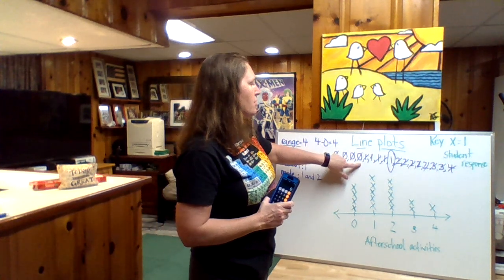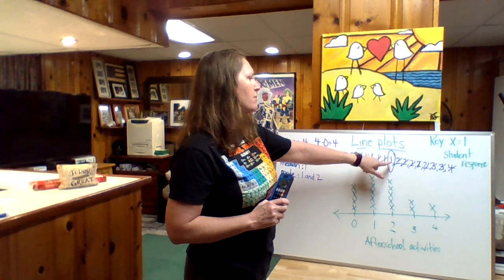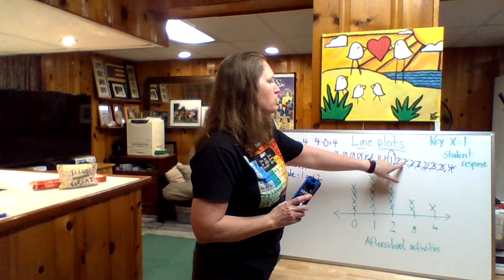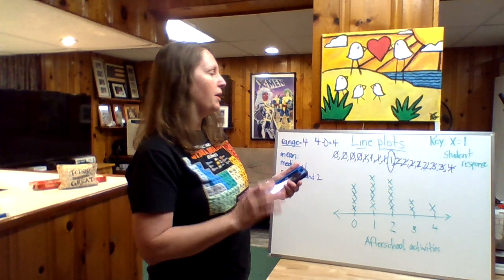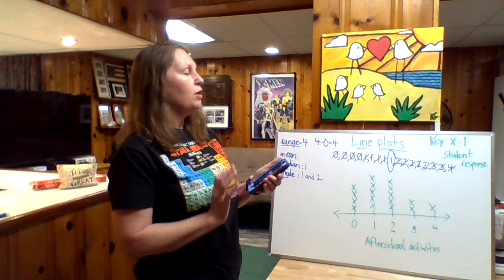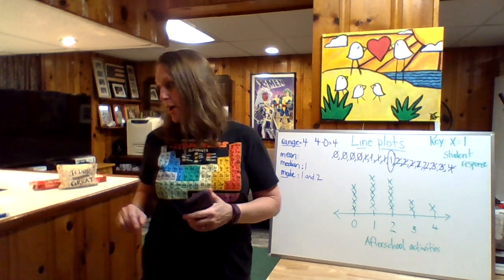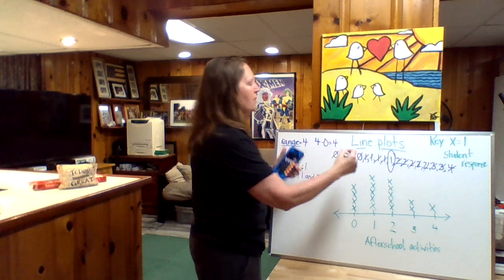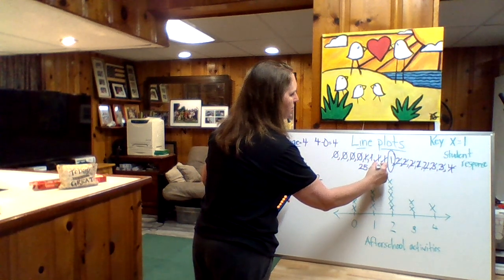So all these zeros, I'm not worried about them. 1, 2, 3, 4, 5 for my ones, plus 2, 4, 6, 8, 10. So I'm adding 10 to my number. 3 plus 3 is 6, plus 4, and I again have 25. So for my mean, it's 25 divided by 17.